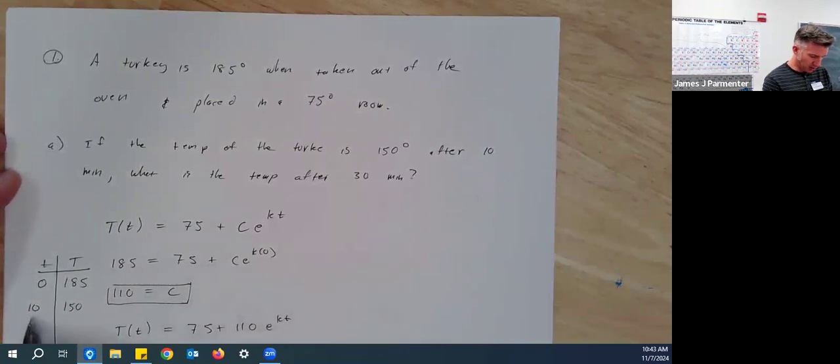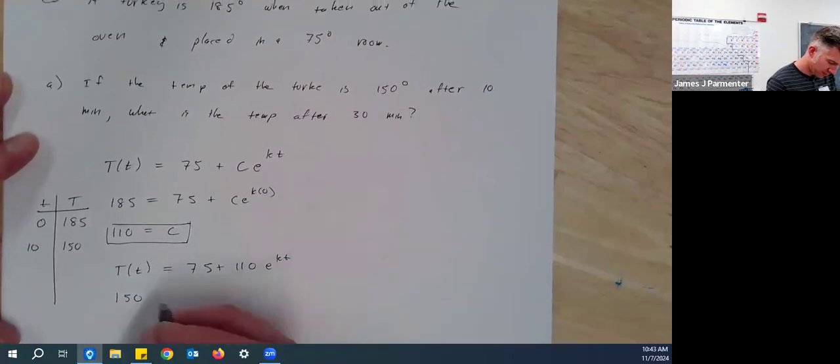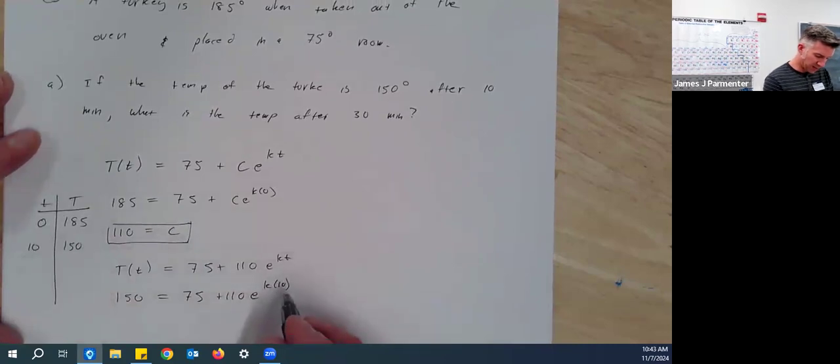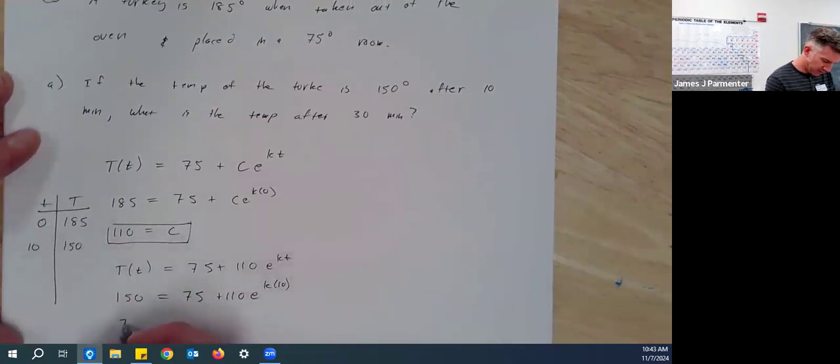And then we're going to plug in our other data point. So we're going to say the temperature is 150, equal to 75 plus 110 e to the k times 10, since the time is 10 minutes later. And that's going to allow us to solve for k. So subtract 75. 75 equals 110 e to the k times 10.